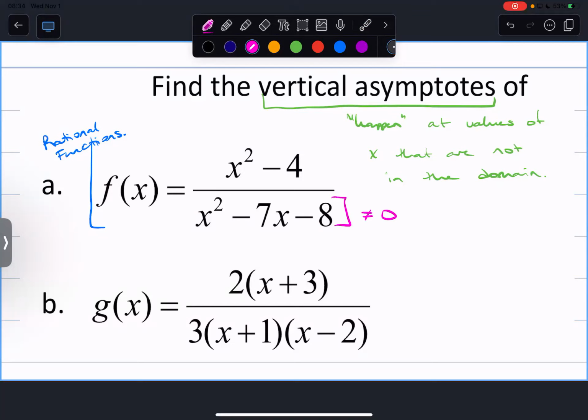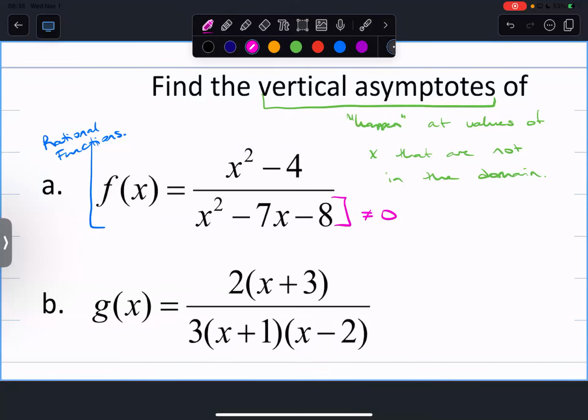One of our go-to moves: I see a quadratic, and right away I'm going to use the quadratic formula. I'm not going to mess around with what adds to -7 and multiplies to -8 because I don't like it. I guess it's kind of staring me in the face, but I don't want to.